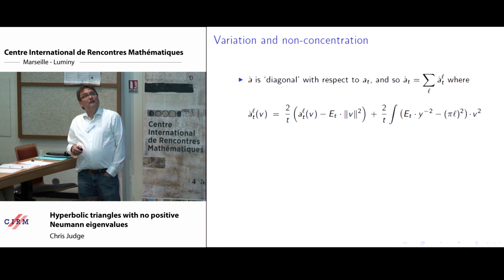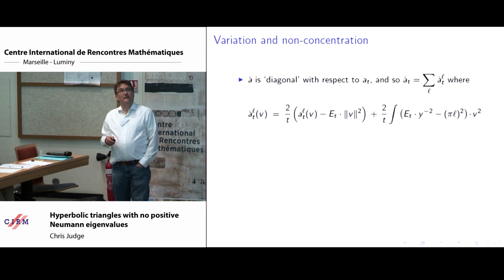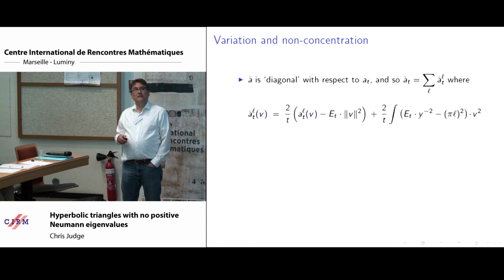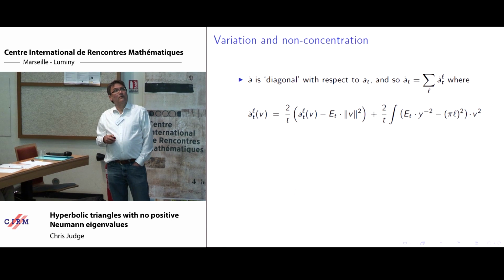Now A dot is nice with respect to A_t, so A dot is the sum of the A dot_t,l's. Each A dot_t,l has the same picture, except that now instead of a u_x squared, I have pi l squared times v squared. So this is what I wanted to do, look at this as an ODE operator.